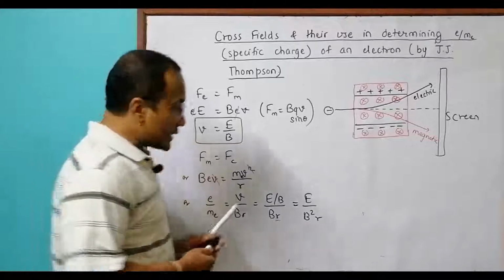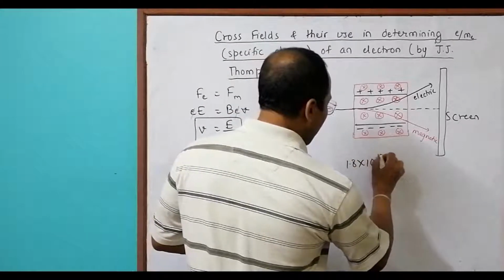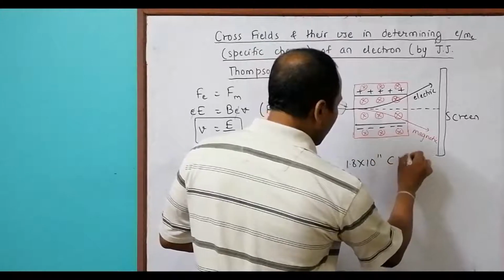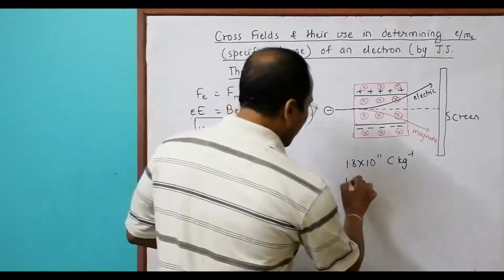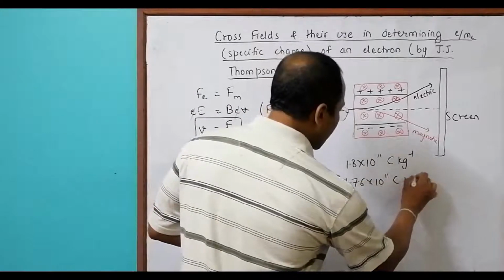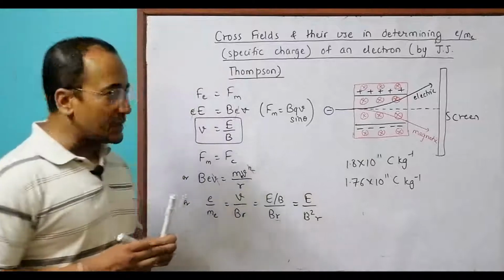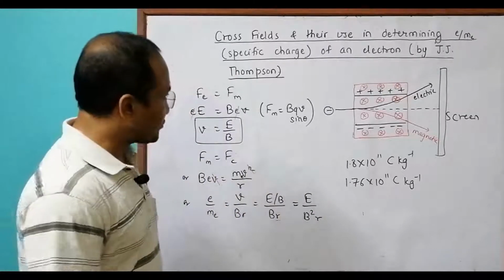In those days its value came to be 1.8 into 10 to the power 11 coulomb per kg. Nowadays the accepted value is 1.76 into 10 to the power 11 coulomb per kg. So a pretty accurate and precise value in those days.